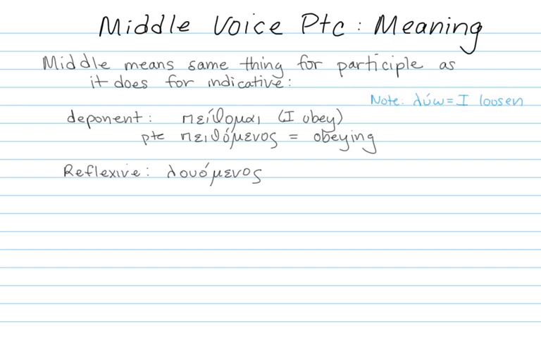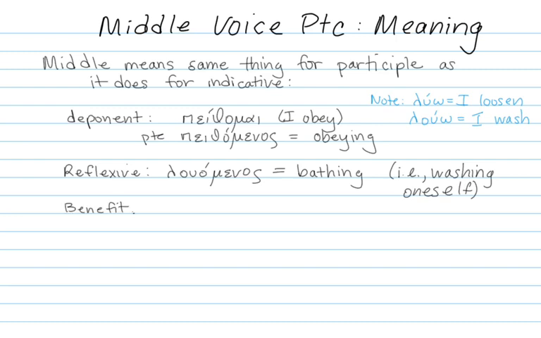Just to note that luo with just the upsilon means I loosen, but luo with the omicron upsilon means I wash, though it's hard to pronounce them differently. So luomenos means bathing. If you want to get the reflexive sense in there, it means bathing oneself, washing oneself. In English, we have a word for that, which is bathing.